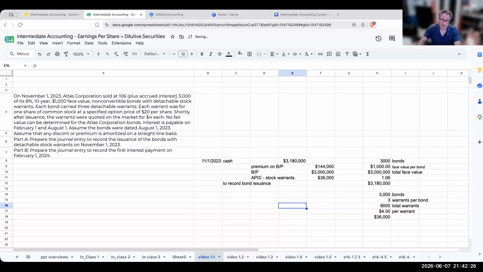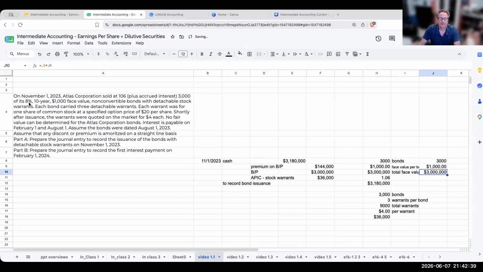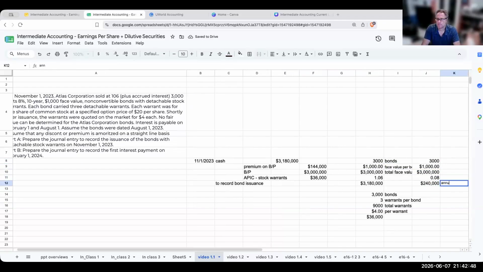So this is going to be record bond issuance. Okay. So now, but I'm not done yet. Also with this bond, the bond earns interest, and the interest rate on the bond is 8%. So the annual interest on the bond is going to be 240,000.